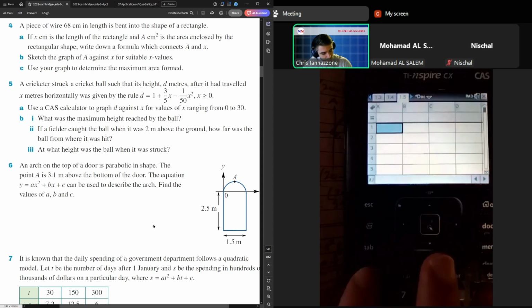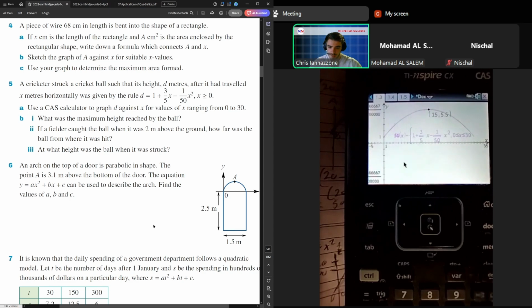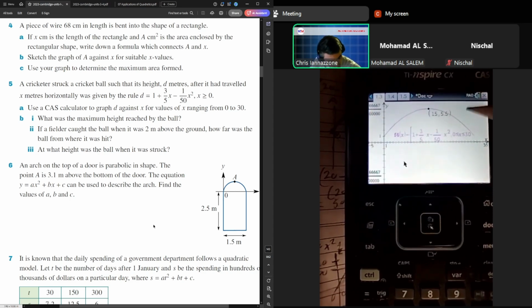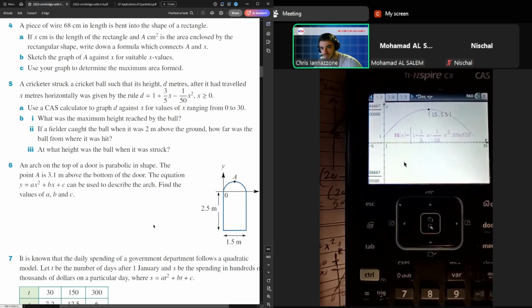If we go back to the graph that we've drawn, 2 meters above the ground, there's a couple of possibilities you could have had. 2 meters might be approximately here, or all the way over here. We're asked to figure out how far was the ball from where it was initially hit. So it was initially hit from here, and it's gone in this direction along the x. How might we figure out how far away it landed, or how far away it was before it was caught?